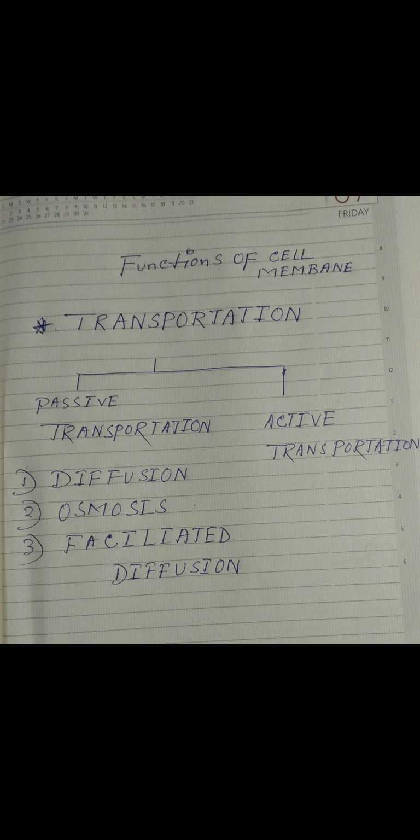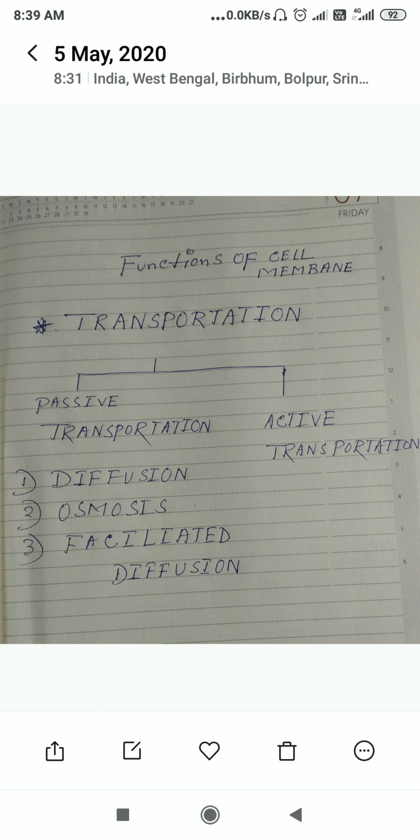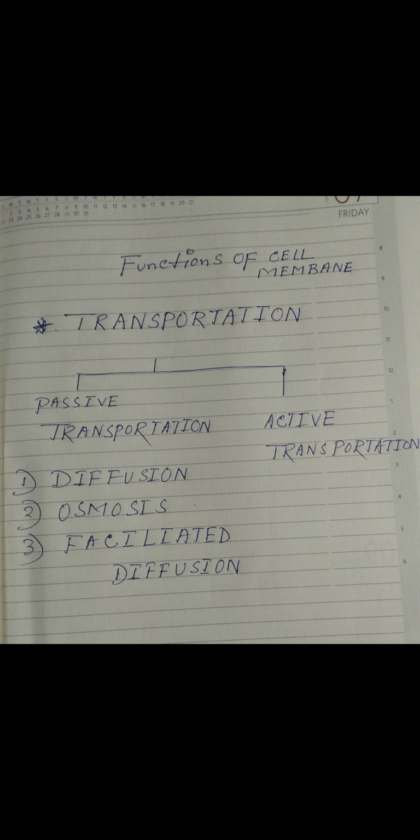So you need to remember that for passive transportation, three modes are there: diffusion, osmosis and facilitated diffusion, and for this no such requirement of energy is there. Now we'll see what osmosis is, what the significance of osmosis is, and obviously the example of osmosis, and how the osmosis process occurs. Okay.